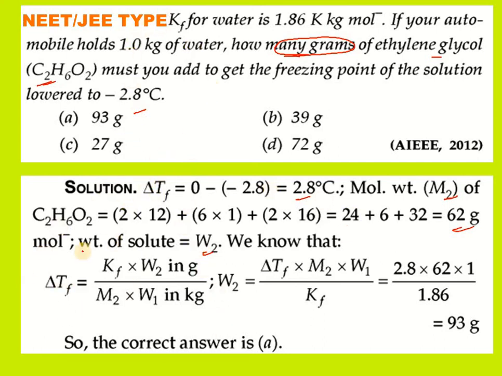Substituting these values in the standard formula, ΔTf equals Kf into W2 by M2 into W1, we get 2.8 into 62 into 1 by 1.86. Upon simplification we got 93 grams, so option A is the number of grams of ethylene glycol that must be added to get the freezing point of the solution lowered to minus 2.8 degrees.